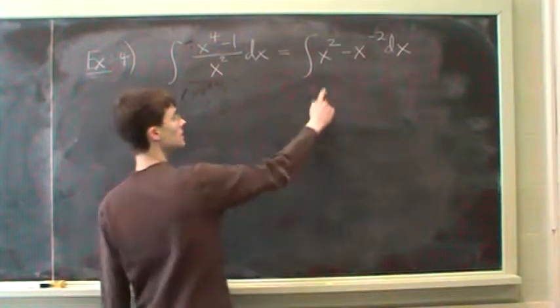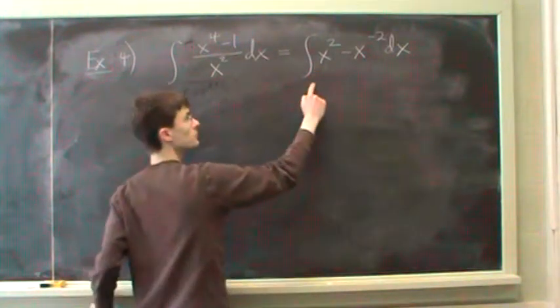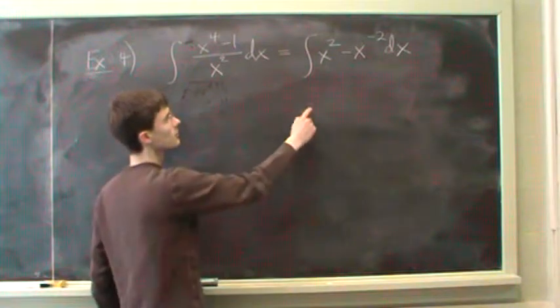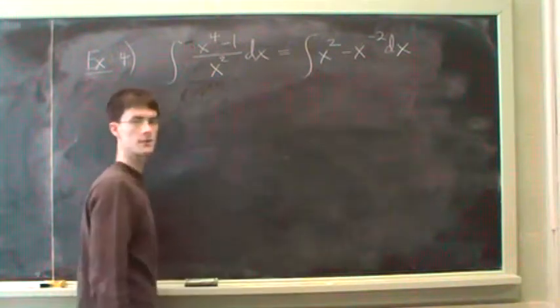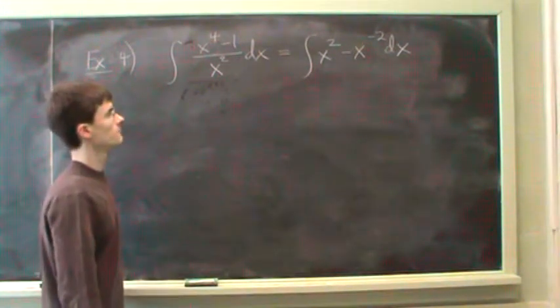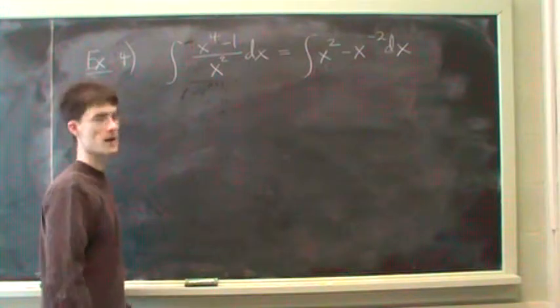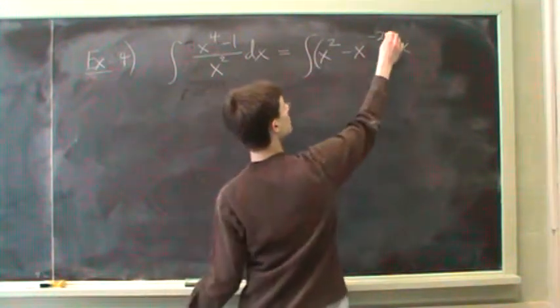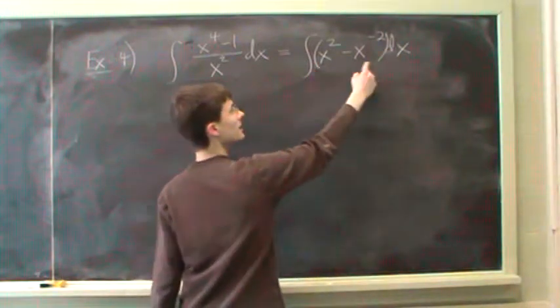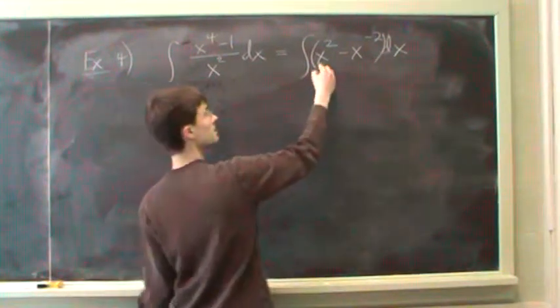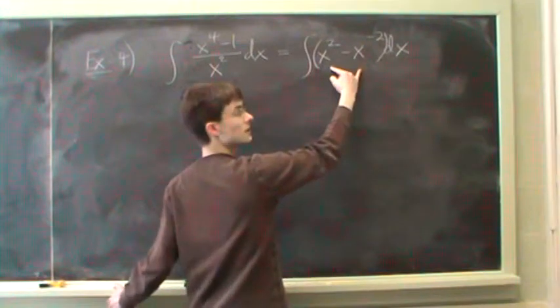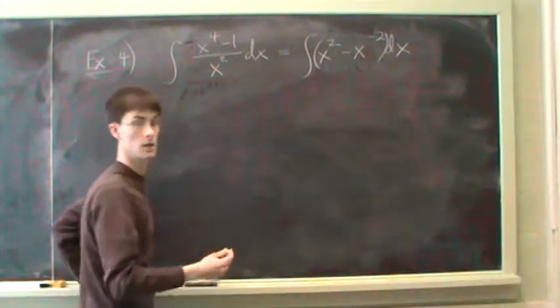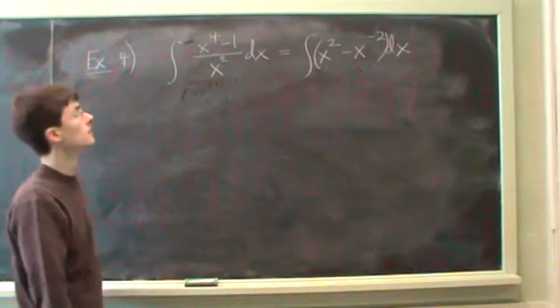And you might notice that I have not often put parentheses when I write integrals. It's a matter of taste. If you're more comfortable putting parentheses in here, to remember that you're integrating the whole thing, x squared minus x to the negative 2, go ahead and do it.